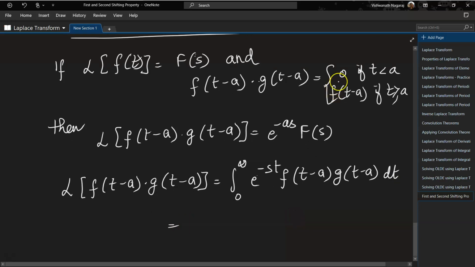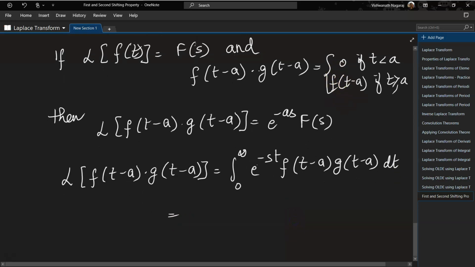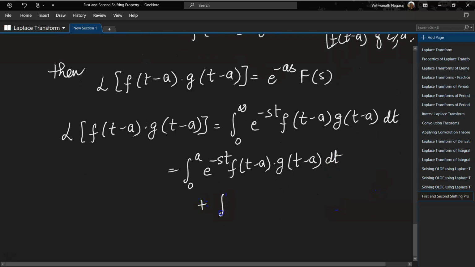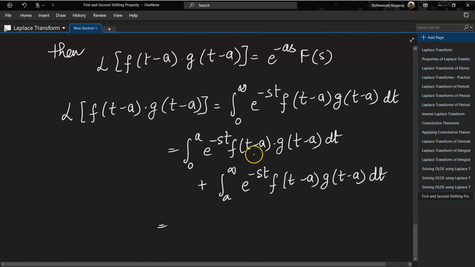Okay, because it is a split function, we can split this integral. So we can write it as 0 to a e to the power of minus st f of t minus a times g of t minus a dt plus a to infinity e to the power of minus st f of t minus a g of t minus a dt.